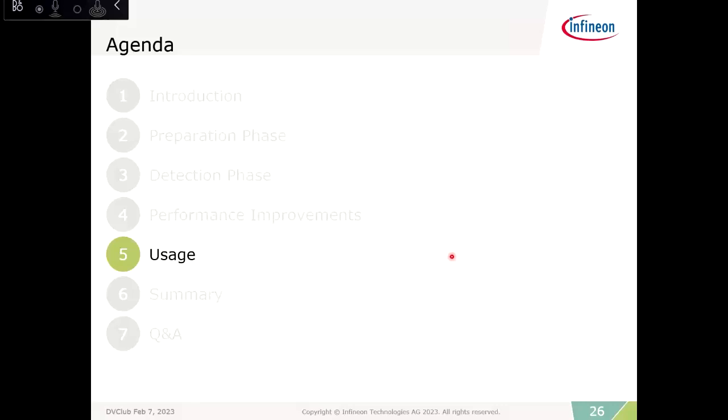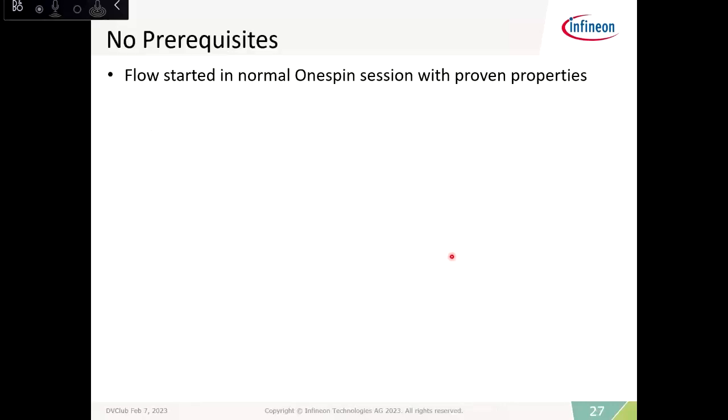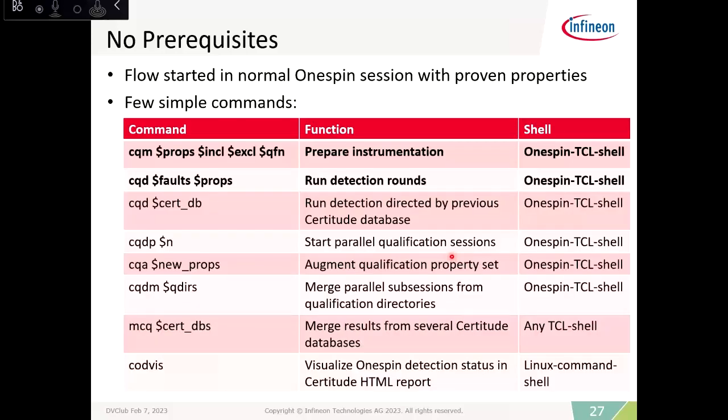For ease of use, just a few basic commands with simple optional parameters are sufficient for running the automatic procedures of the OneSpin Certitude flow. The first two commands, which are printed here in bold characters, are normally sufficient. They can be run without any user-specified parameter, but the user can optionally specify some parameters to focus the detection on more important parts first.